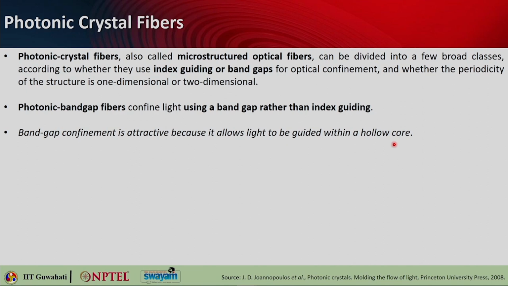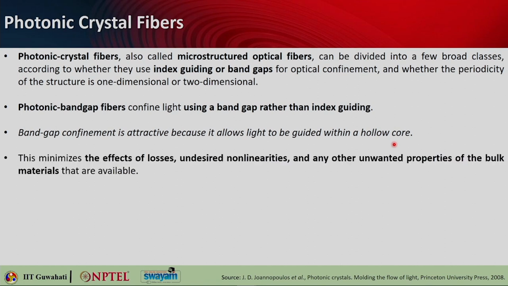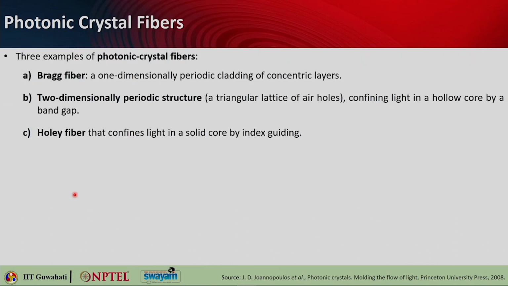In a silica core fiber, when light travels, there is attenuation, but if light is able to travel in a hollow core fiber, that is, the core is made of air, in that case there is very low attenuation. As I mentioned, this minimizes the effect of loss, undesired nonlinearity and other unwanted effects which come from the bulk material, like silica induced effects in fiber, that can be removed if you use a hollow core fiber. Now there are three types of photonic crystal fiber.